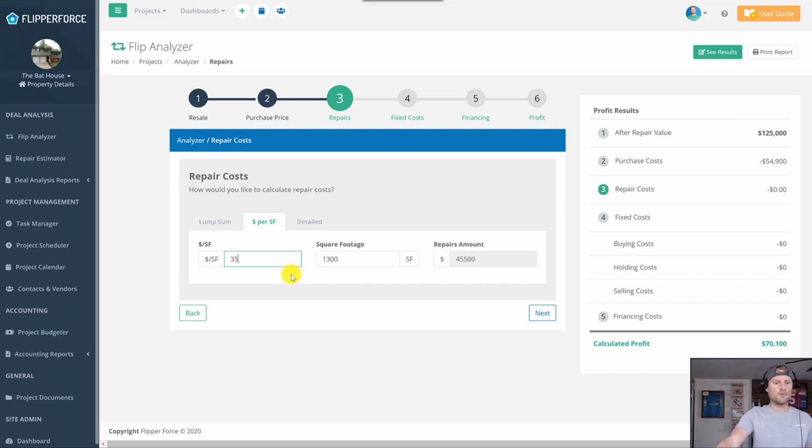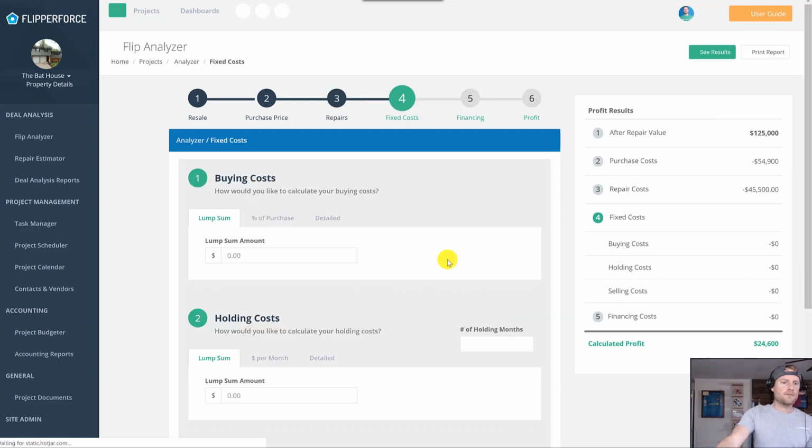There's going to be a new roof, new windows, new doors, new painting on the exterior, and then on the interior we're doing all new finishes, new bathrooms, new flooring, new fixtures throughout, and then potentially a new kitchen. So basically redoing everything in the property, and that's been about $35 a square foot for me. So 35 times 1,300, I've got a rough budget here of about $45,000 for the repairs. The next step is going to be fixed costs.